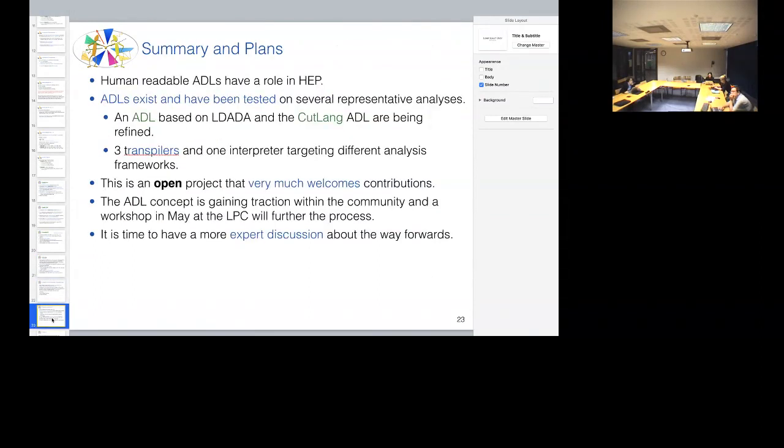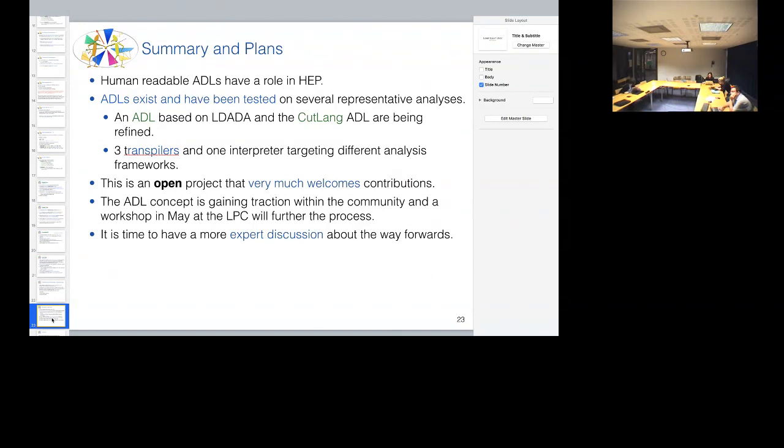So, summary and plans. We are of the opinion that developing a domain-specific language for our field for analyses, whose principal role is to be able to describe analysis at the LHC, has a role to play, and we are well on our way towards such an ADL.